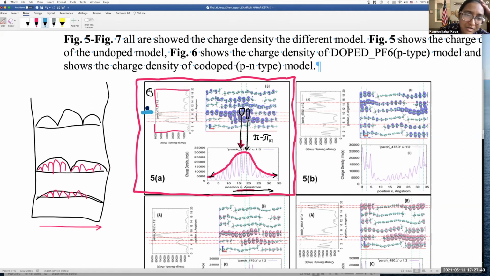Okay, this one. So the arrow professor showed, there it shows the highest peak because of the oligomer, like this way. There is the maximum amount of charge density shows there. That's why there is a highest peak on that section. 5 to 6, I guess.